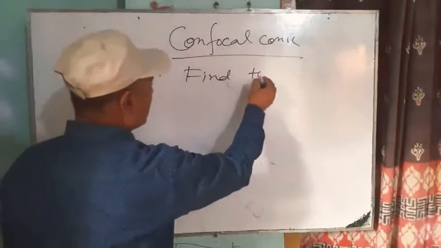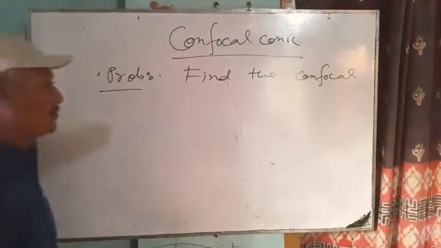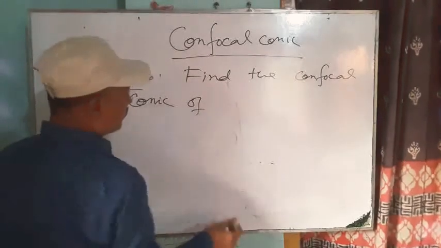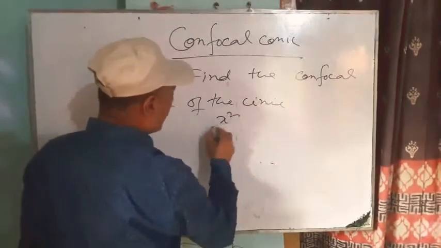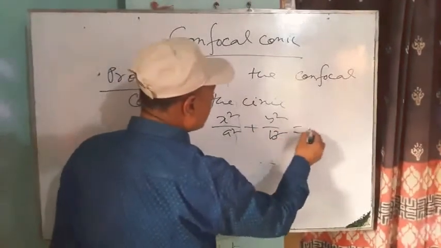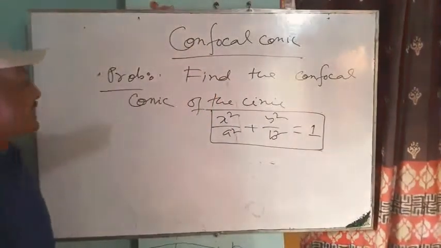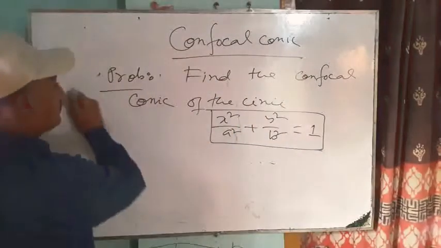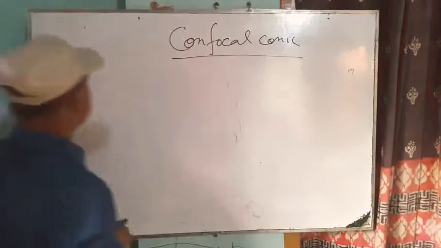Find the confocal conic of the conic x square by a square plus y square by b square equal to 1. Now we solve this problem.